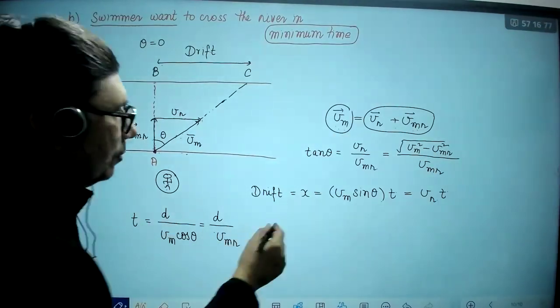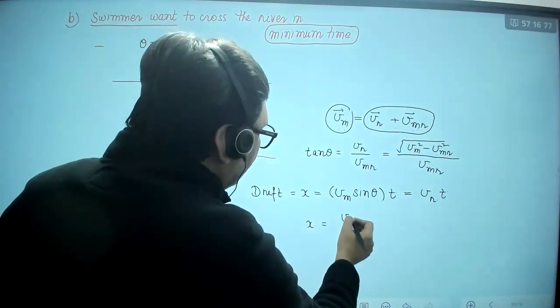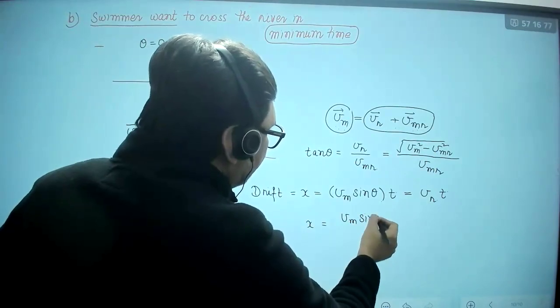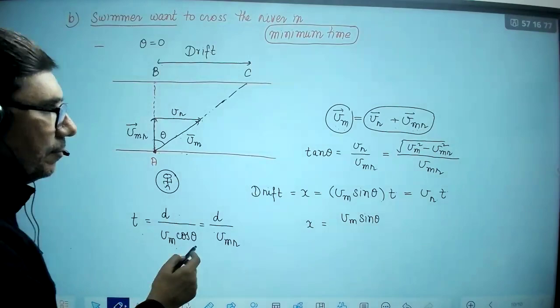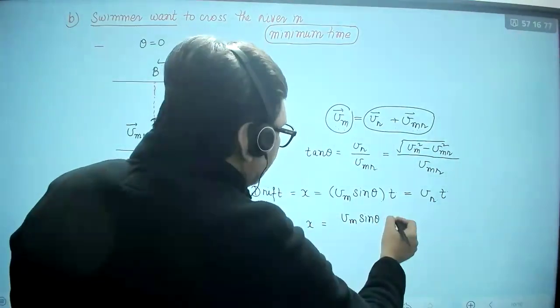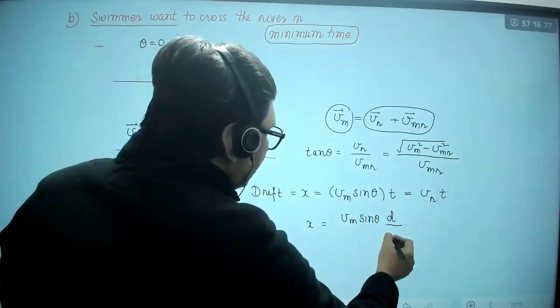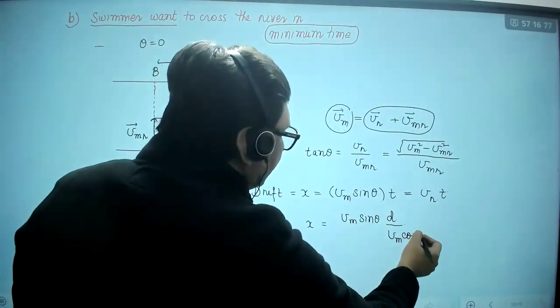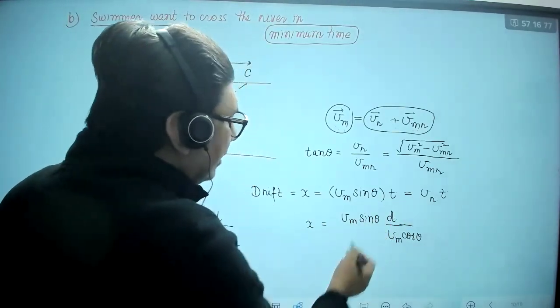So X will be, substituting this, Vm sine theta, and in place of T, D upon Vm cos theta. Vm is cancelled out. This will be d sine theta.